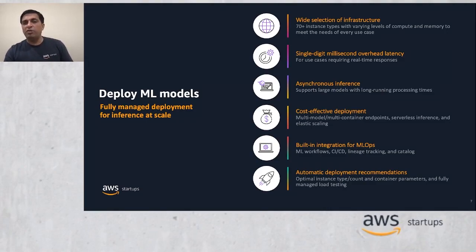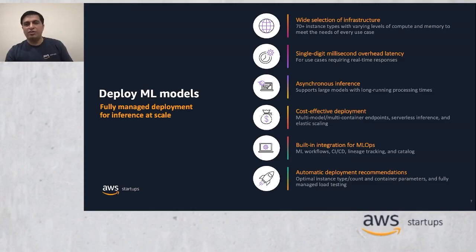SageMaker model deployment features are natively integrated with machine learning operations capabilities. As a result, whether deploying one model or tens of thousands of models, SageMaker helps offload the operational overhead of deploying, scaling, and managing ML models in production while also getting your models to production faster.